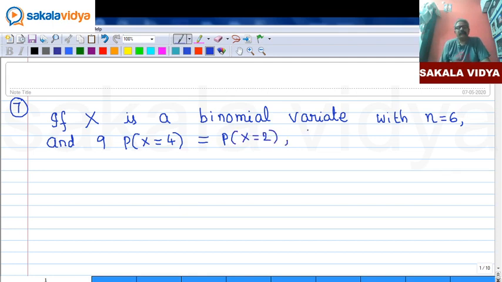The value of the parameter p needs to be evaluated.